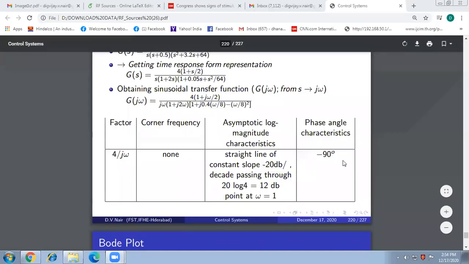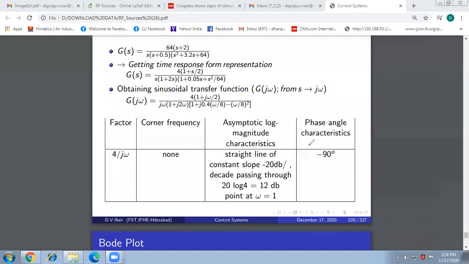I hope you understand and agree with me at this point, right? And when it comes to the phase angle contribution by the term, we know the phase angle will be given by, since the angle contribution by the constant is 0, and by the 1 by j omega term, minus tan inverse of infinity, since the real part is 0, so it will be tan inverse of omega by 0, that is tan inverse of infinity, and tan inverse of infinity is 90 degrees.